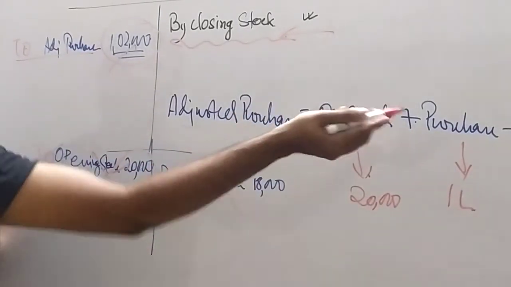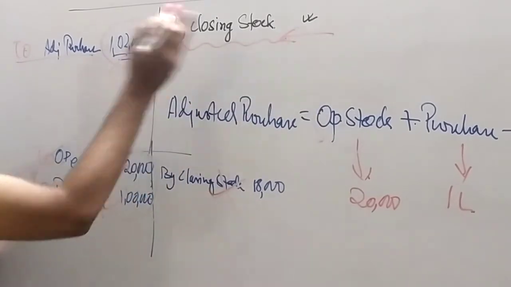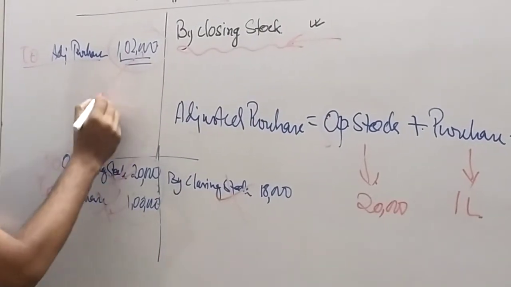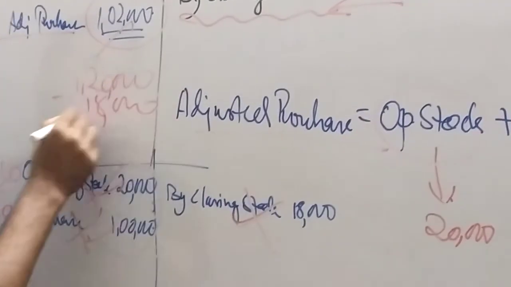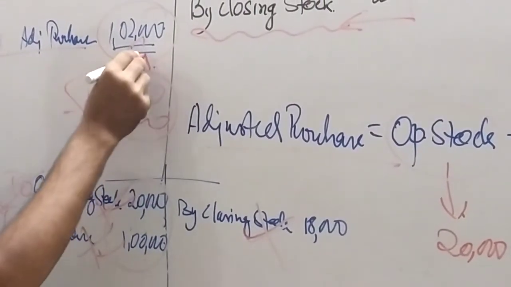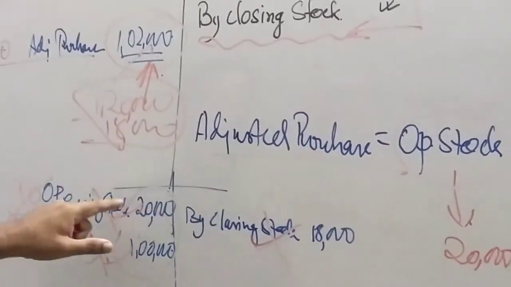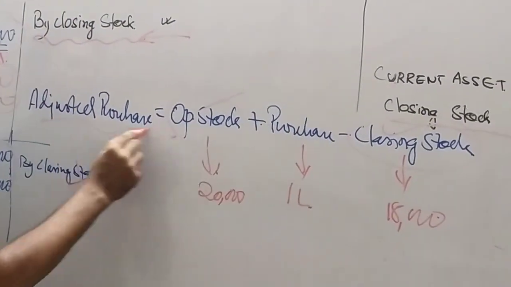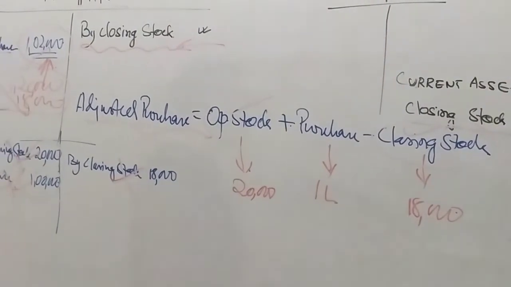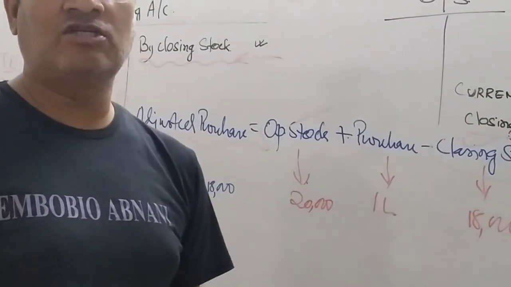And closing stock is already subtracted, 1,20,000 minus 18,000, that gives me 1,02,000. So I don't have to record opening stock and closing stock if adjusted purchase is given in the sum. So this is all about the closing stock adjustment.